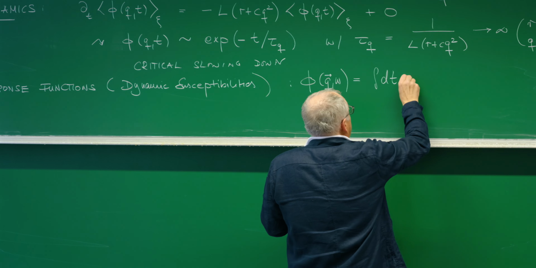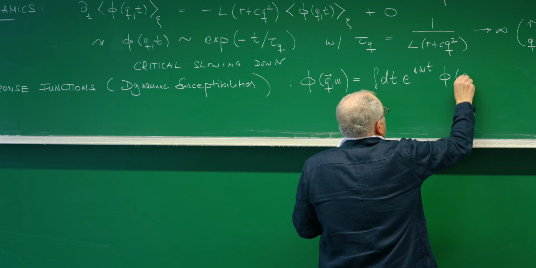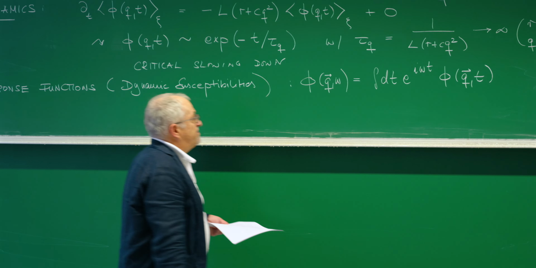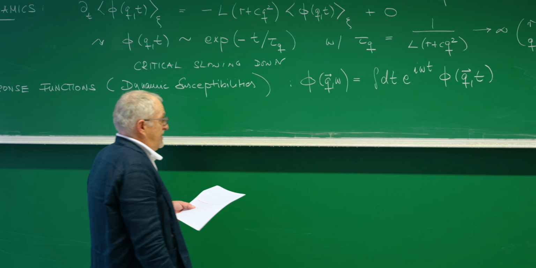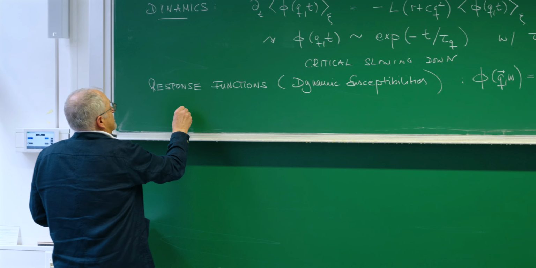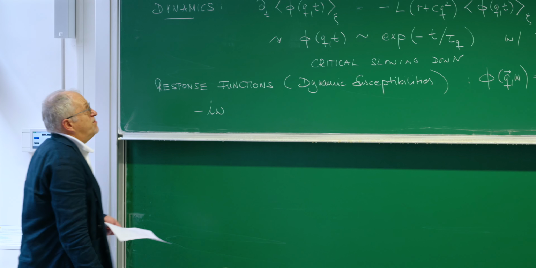So we already have phi of q and t, and now we additionally perform a Fourier transformation in time. Then the dt that you have here becomes a minus i omega.